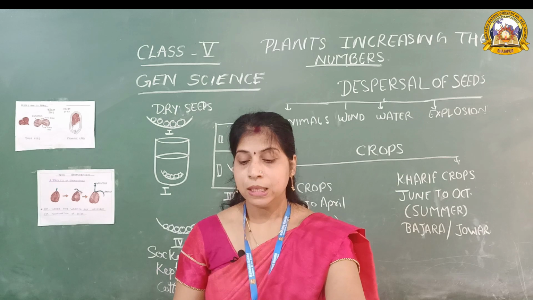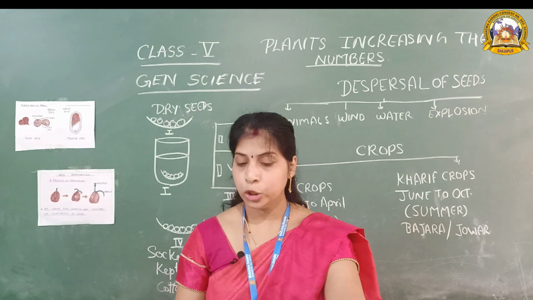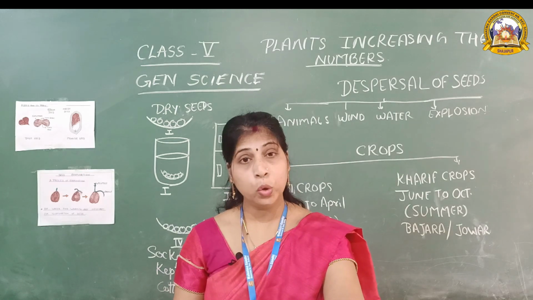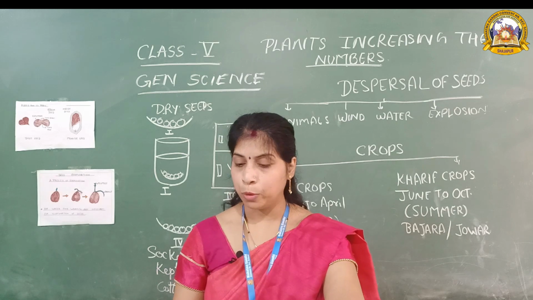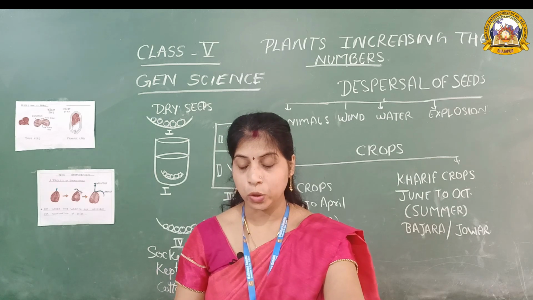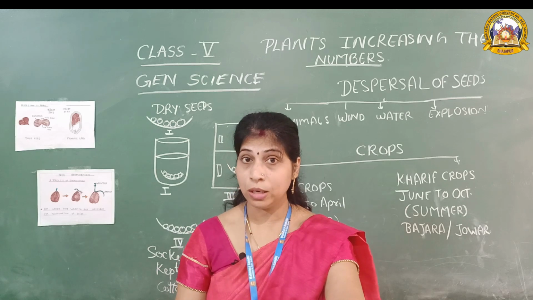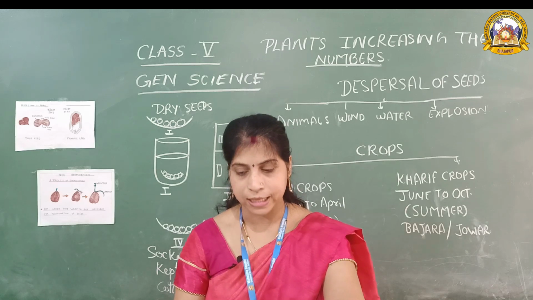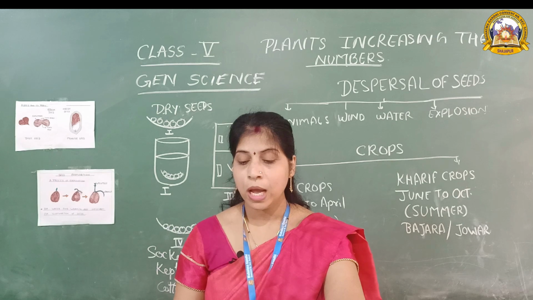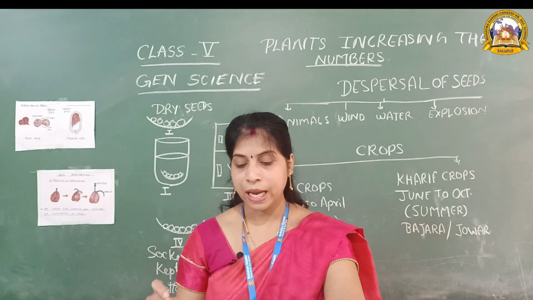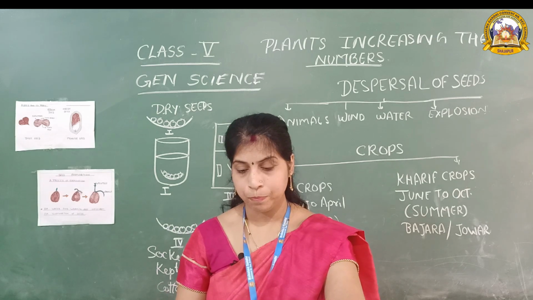For example, some plants like rose, sugarcane and hibiscus grow from stem cutting. Potato is a stem that grows underground and has buds. What are these buds called? They are called eyes. Any part of a potato that has buds on it can grow into a new plant.